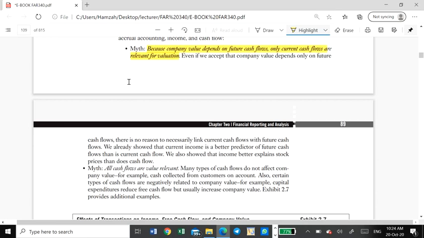Sebab current cash flow tu memang akan menunjukkan current punya. Future cash flow tu dia tak ada kaitan pun dengan current cash flow. Sebab tu dia mitos. Only current cash flow are relevant for valuation. Not necessarily, okay?